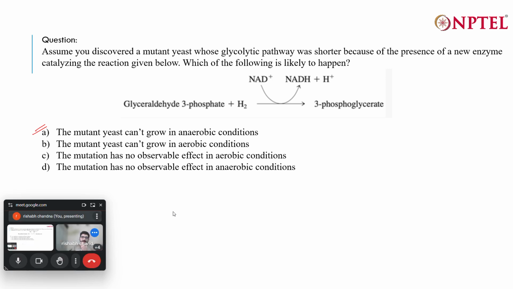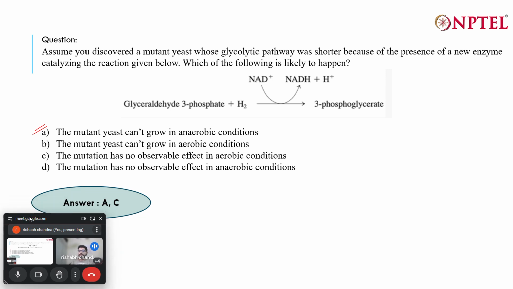Okay, so the correct answer is option A and option C. Okay, so let's see. So here it states that the process of glycolysis is a bit shorter because the step from glyceraldehyde 3 phosphate to 1,3 biphosphoglycerate to 2 phosphoglycerate and then to 3 phosphoglycerate, these three steps are basically substituted by one enzyme.